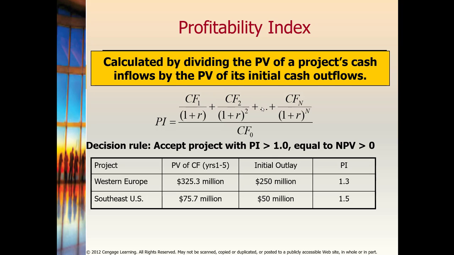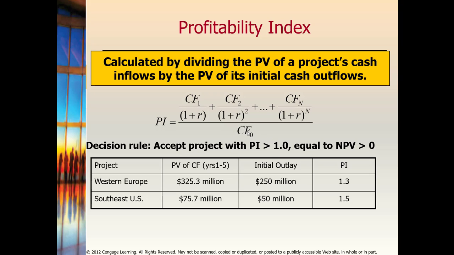So this captures the summation of the present value of future cash flow, CF1, CF2, all the way to the last cash flow. So this is the cash inflow, but we're taking into account the risk and all the cash flow as well. The denominator is the cash outflow, so the initial investment.